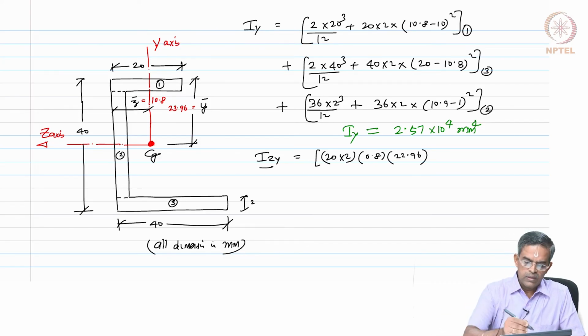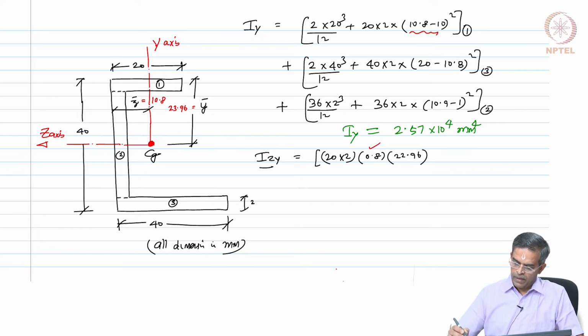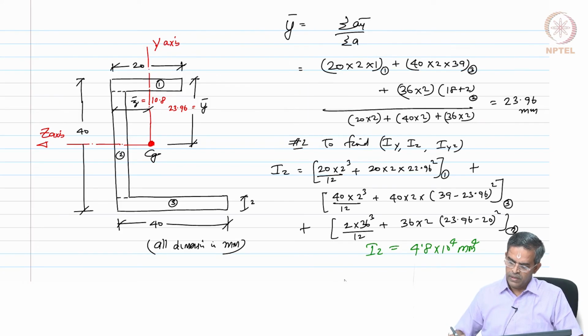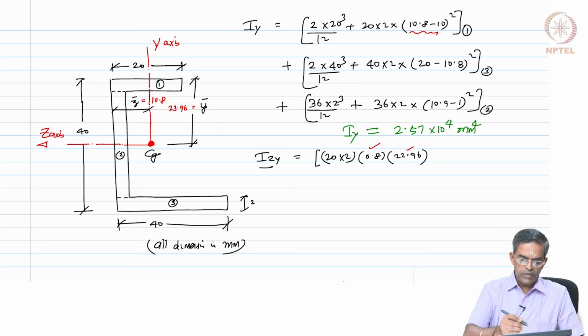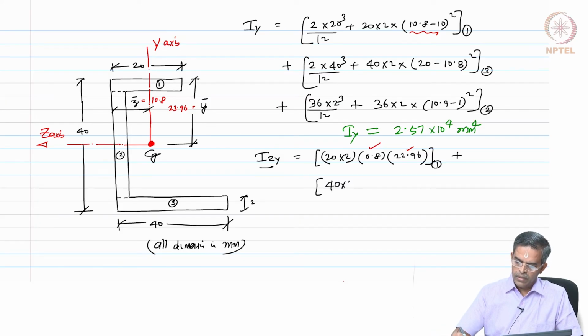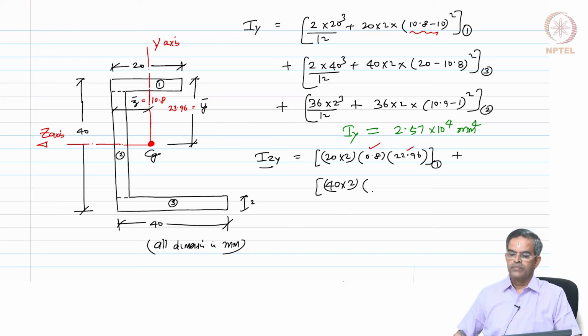You can see this value, this will be here, and for the first piece, see this value, this will be here. Okay, this is for the first piece, plus 40 into 2 into minus 9.2 into minus 15.04.